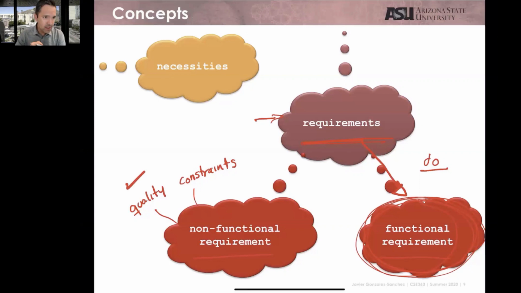Let me tell you this. When you think about functional requirements, it is something that one programmer is going to put in one particular method or one particular class. A functional requirement is something that one of the team members is going to program. One. So I can trace the requirement to one person, the person that implements that functionality in the software.